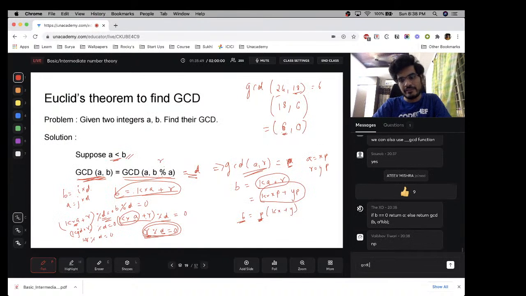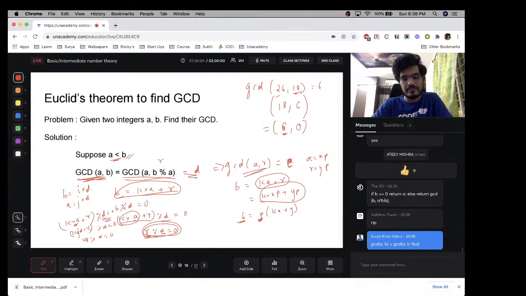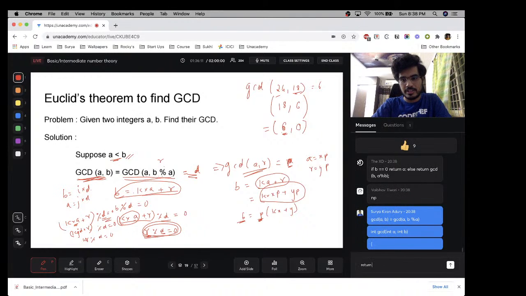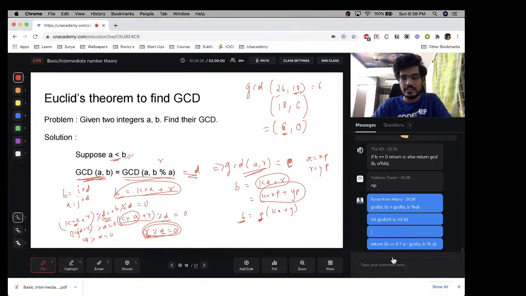You can write a function GCD of A, B equals GCD of A comma B mod A. We can write a C++ function like this: int GCD(int A, int B), return A if B equals 0, else return GCD of B comma A mod B, something like this, right?